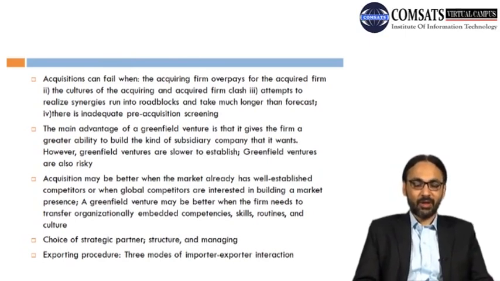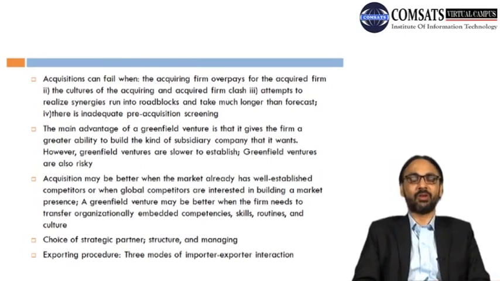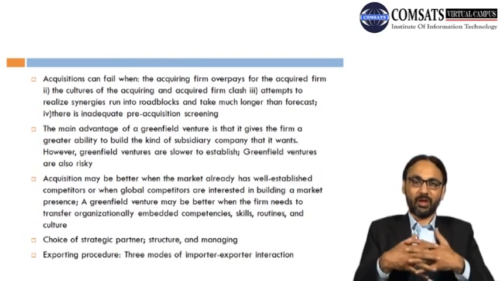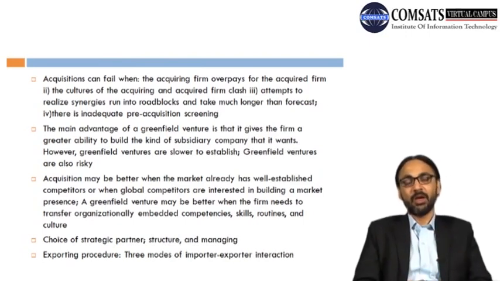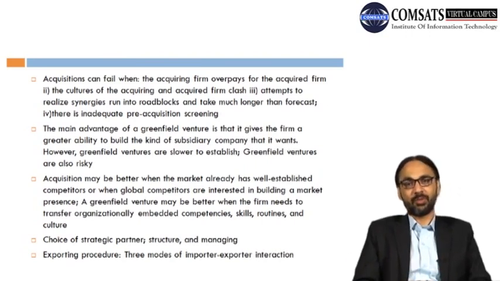Now we have discussed the exporting procedures, three modes of export and import interaction. When the importer and exporter interact with each other directly, there are basically three modes of interaction in terms of payment. Either the importer pays first, and then the exporter ships the machine or the products.